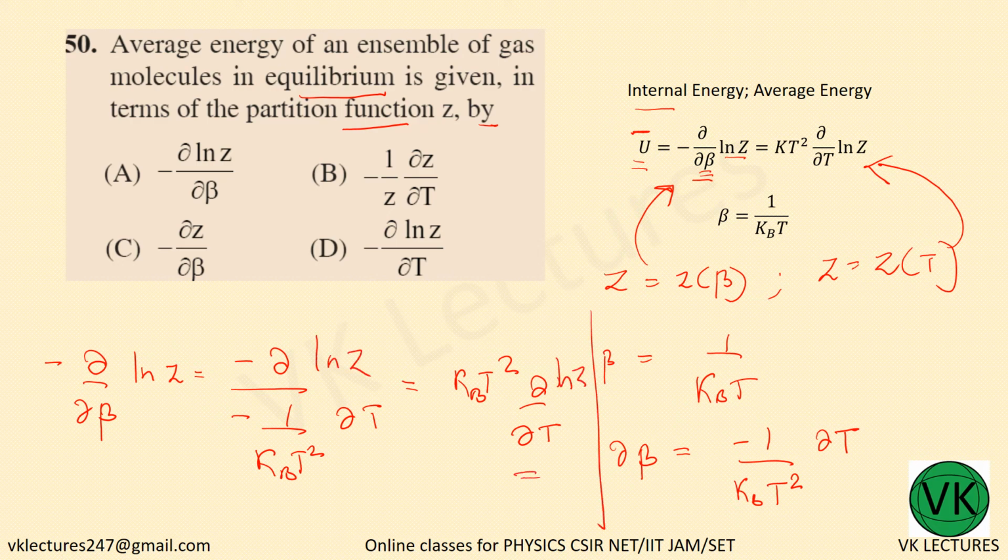So this is how you get two different equations for internal energy. This is kB, the Boltzmann constant.